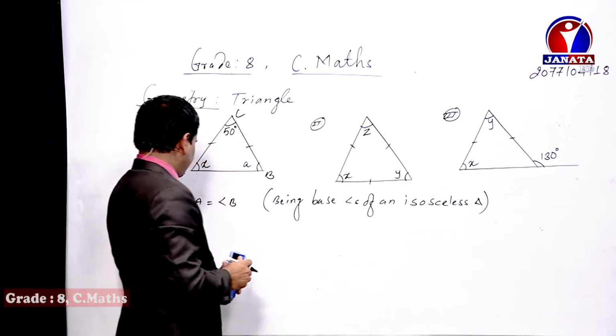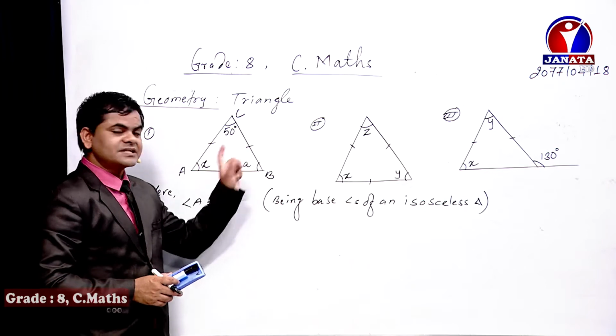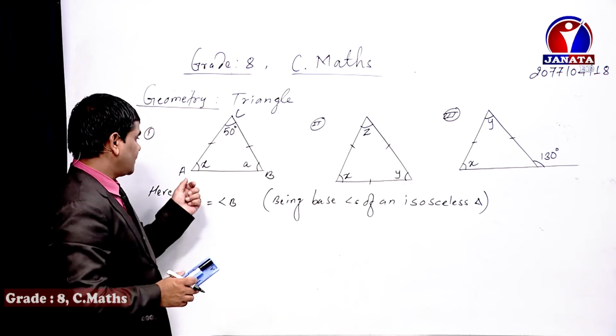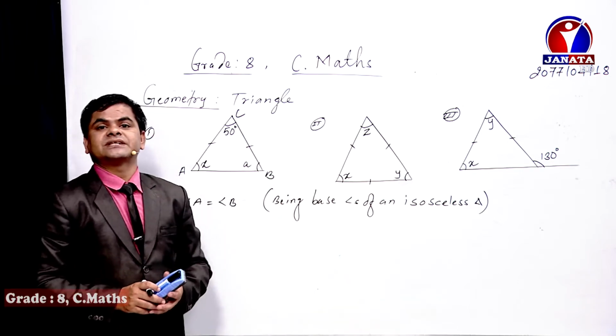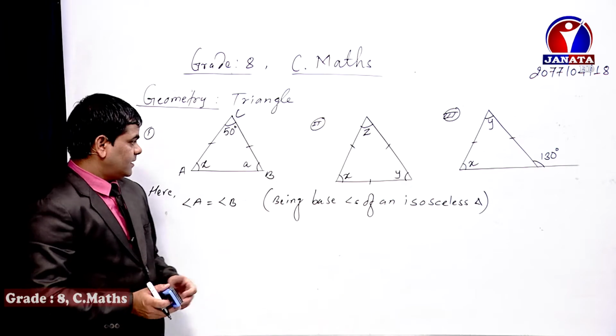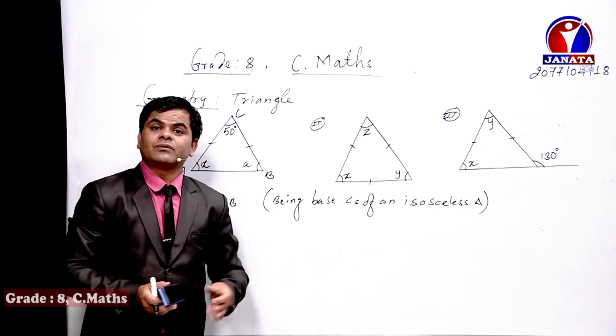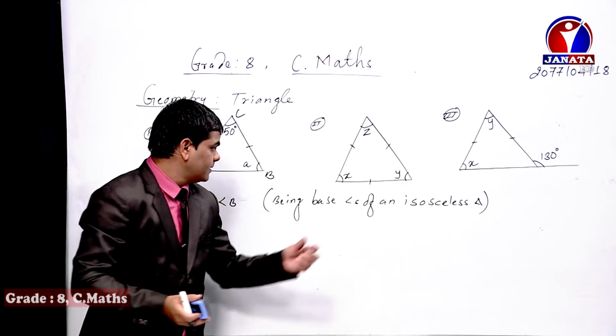Angle A equals angle B because they are opposite to the equal sides of the isosceles triangle. So we can write A equals B, being base angles of an isosceles triangle. We have learned the properties of an isosceles triangle: opposite to the equal sides, the angles which form are equal and they are known as the base angles.